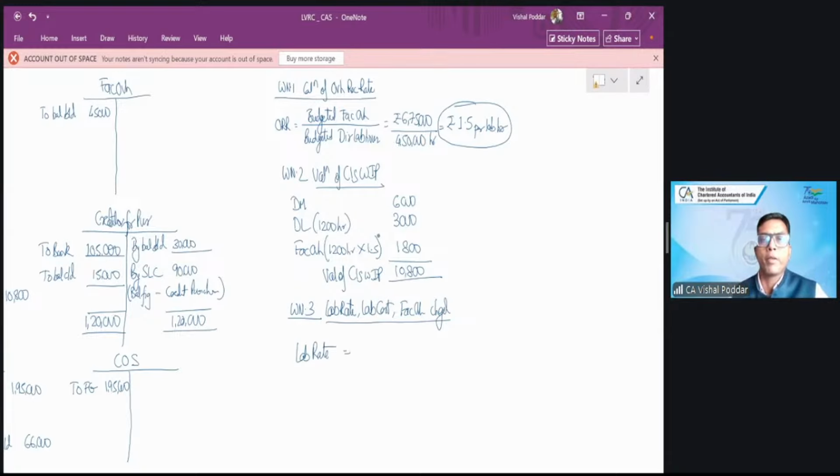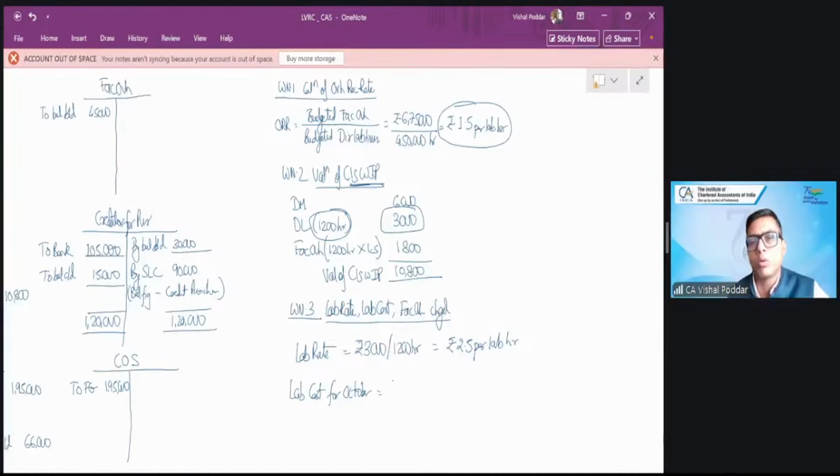Now, how I'll find out labor rate? For WIP, they had given that labor cost is rupees 3,000 for 1,200 hours worked. And here they have said that all workers are paid at the same rate. So if I divide the labor cost by labor hours, I will get the labor rate. So how much it will come to? 12 2s are 24 and yes, 2.5. So this is my labor rate. Now, on the basis of this, I can find out labor cost for October.